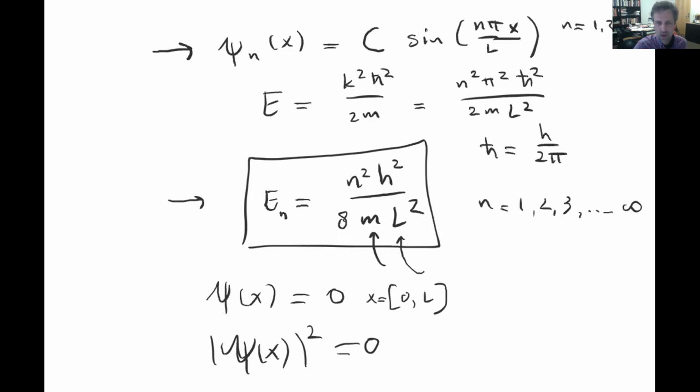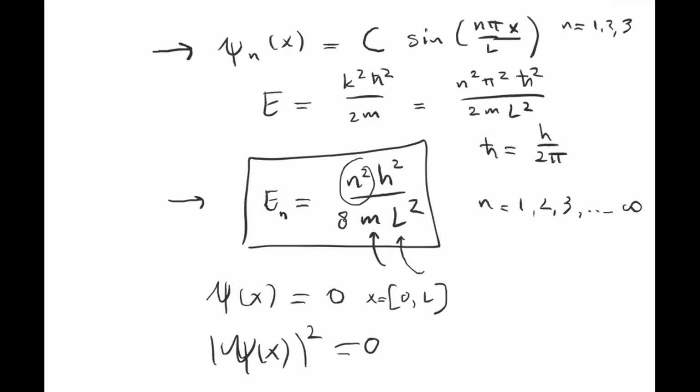And if n equals 1, that means that the energy is finite. Look at the expression right here for energy, there's the n. If you put 1 in there, I have a finite value for E_n. The lowest possible value of n is 1. That leads to the lowest possible energy that the particle can have.